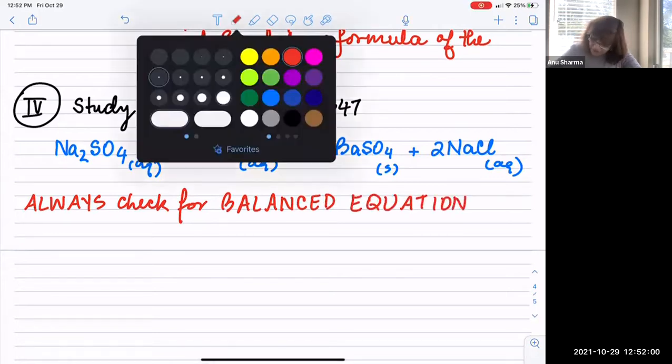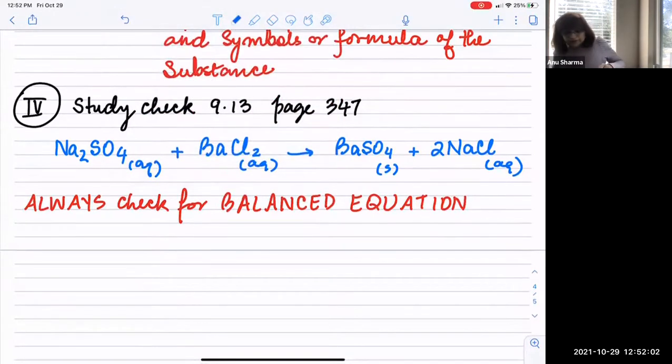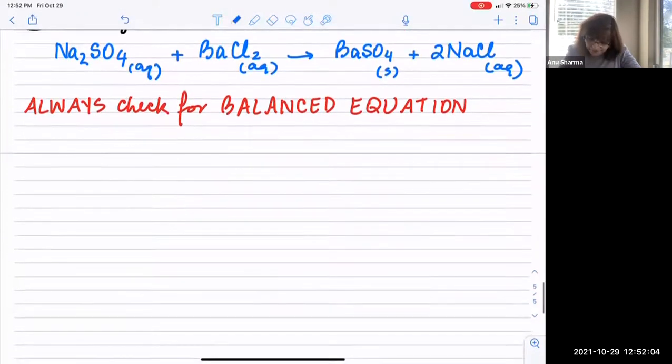All right, so here we have Na2SO4 with barium chloride. For the reaction, how many milliliters?